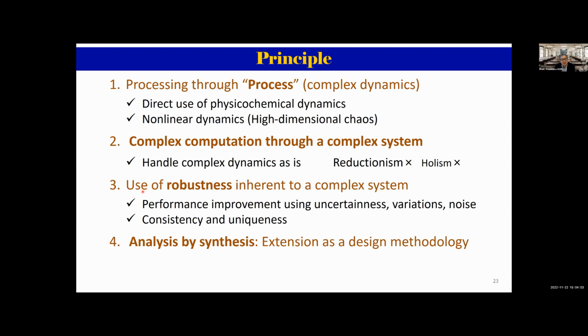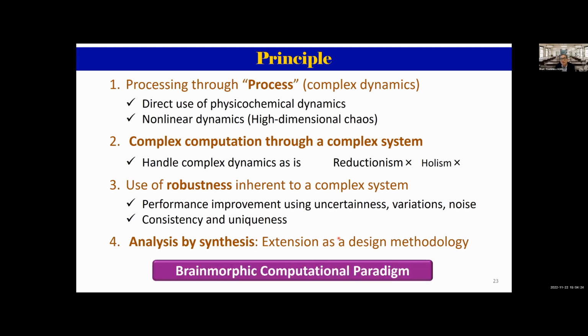We have to use a robustness inherent to the complex system for high performance computation. To do those, we may take the analysis by synthesis approach to extend the design methodology. So those items will give the brain-morphic computational paradigm.